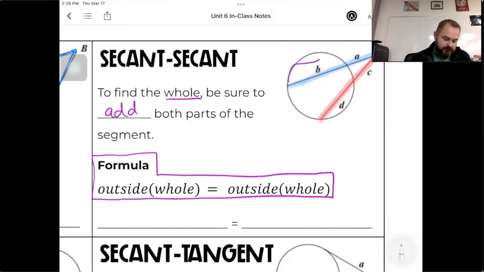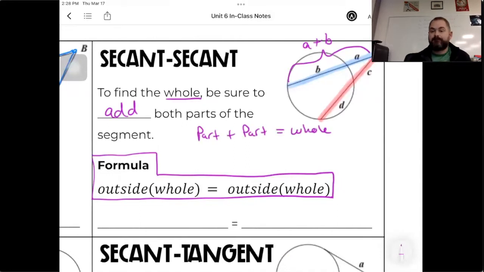So that entire segment is the expression A plus B. Remember, part plus part equals whole. So when I say outside times whole for that top secant, the outside portion is A. The whole amount is A plus B, not times, A plus B. And for the other secant, the outside part is C, the whole thing is C plus D.